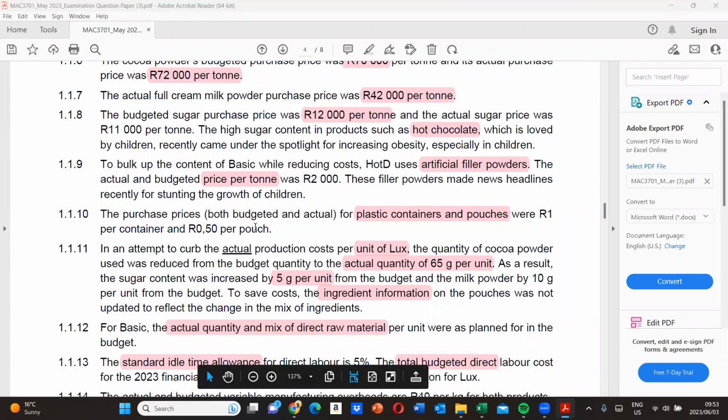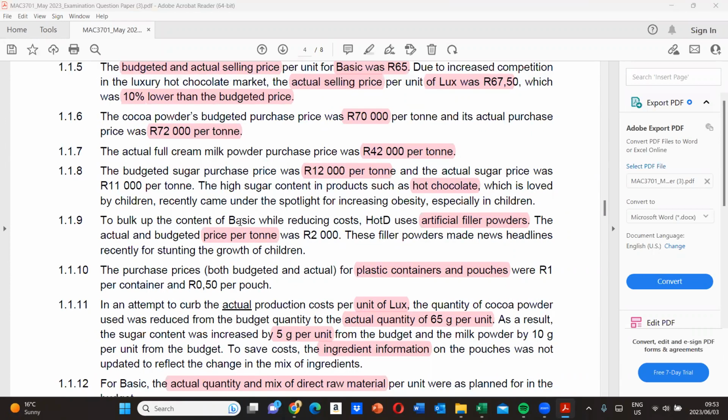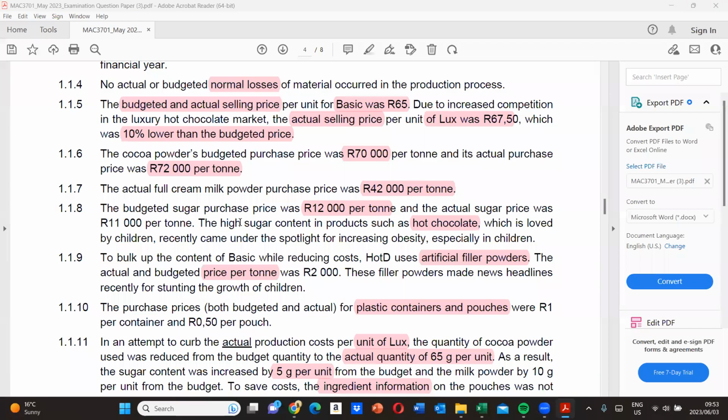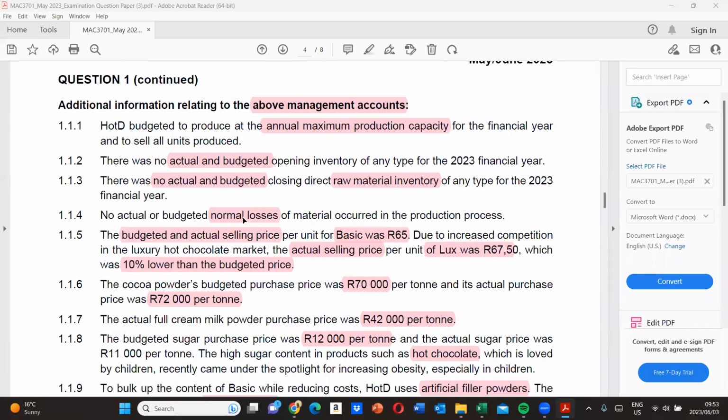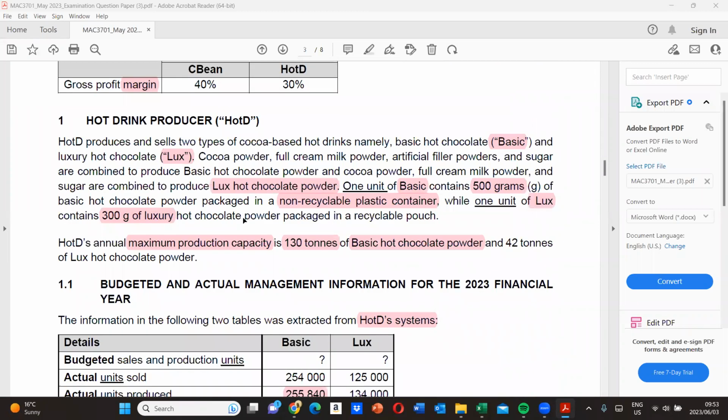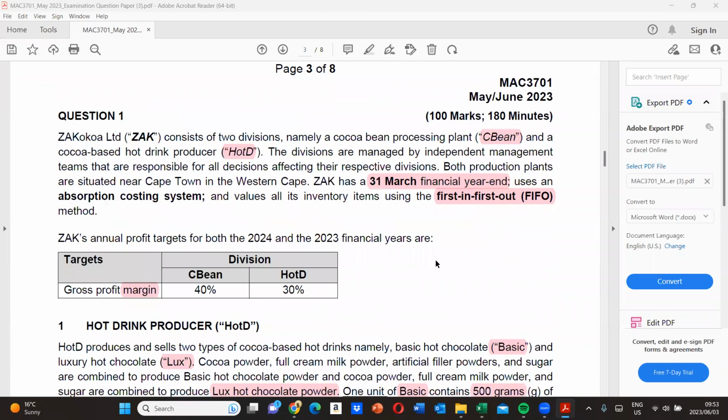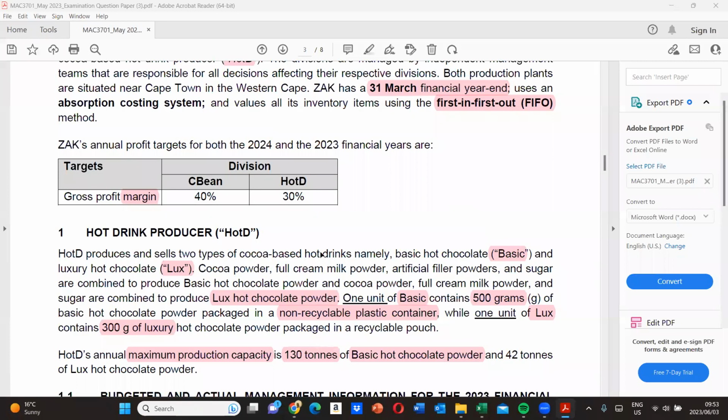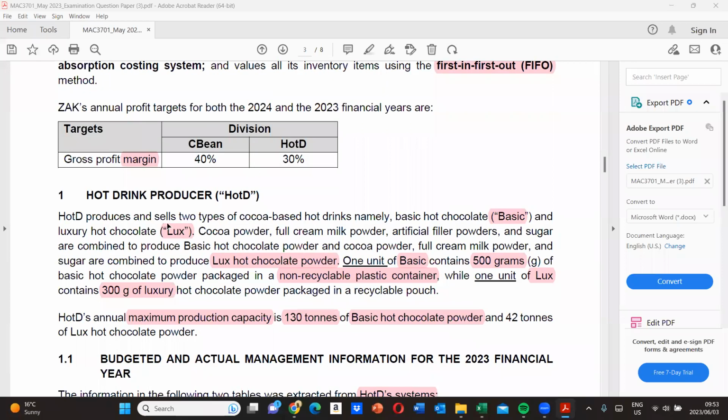We'll look into the sales mix, but let's see about the pouches. How do we wrap our products? Here's the information that we might need. HOTD produces and sells 2 types of cocoa-based hot drinks, namely basic hot chocolate and luxury hot chocolate.